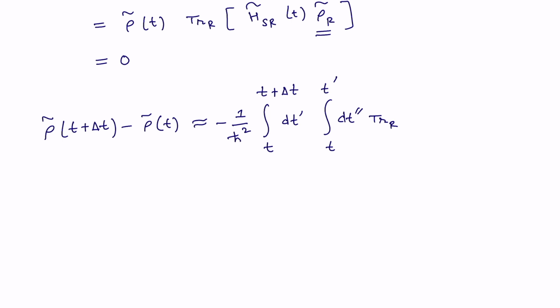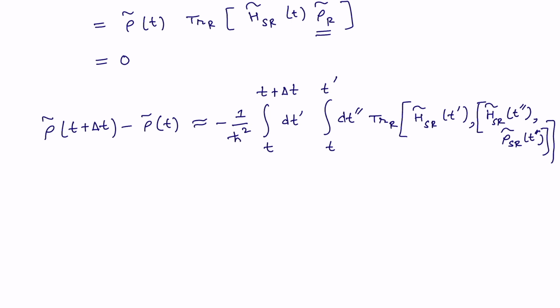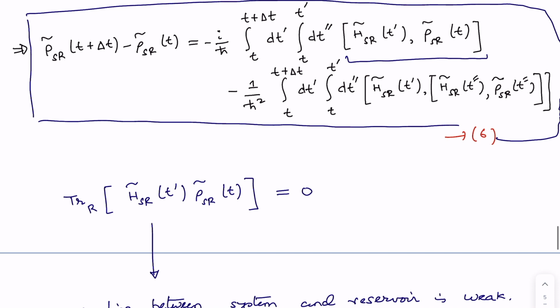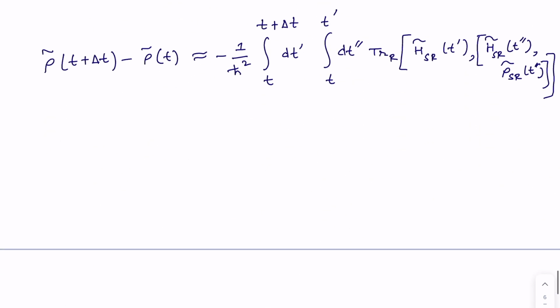Now I have the trace over the reservoir of h tilde SR at t dash, then the term h tilde SR at t double prime and rho tilde SR at time t double prime. Please again have a look at equation number 6. We are dealing with this particular term now because this term is going to be 0. So this is what I get.